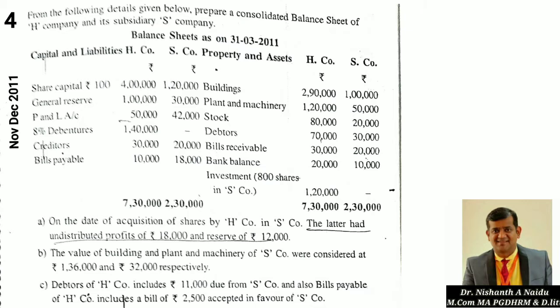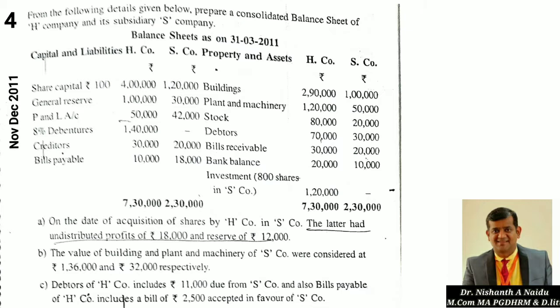Bills receivable, H company limited 30,000 rupees, S company limited 20,000 rupees. Bank balance rupees 20,000 for H company limited and 10,000 for S company limited. Investments, 800 shares in S company limited, 1,20,000 rupees in the H company amount column. For S company it is nil. Total on both sides: for H company it is 7,30,000, for S company it is 2,30,000.